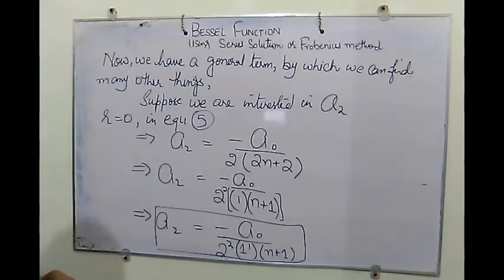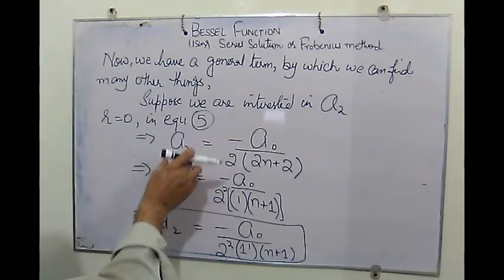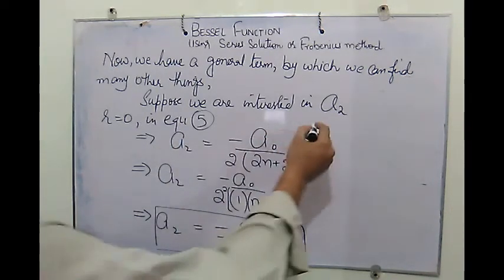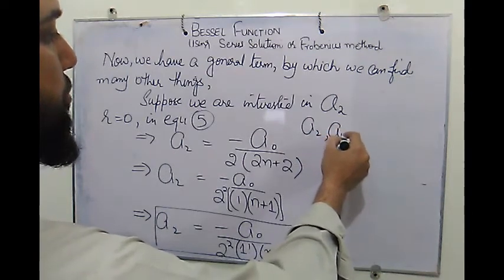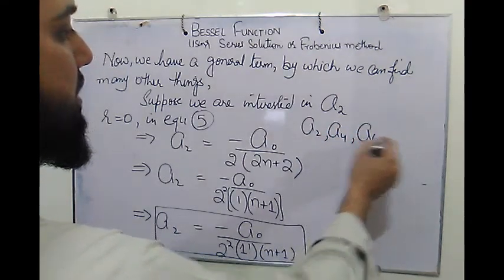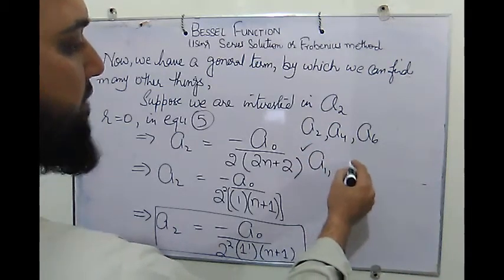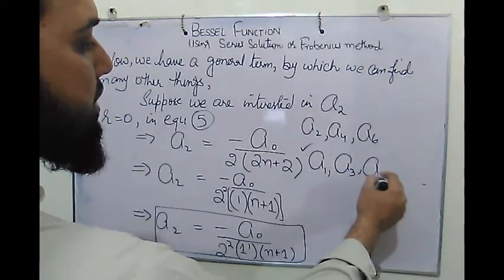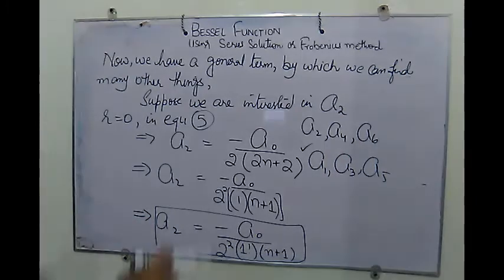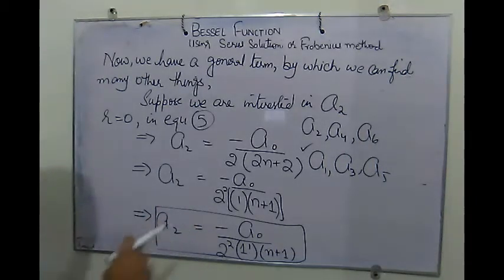Now if we want to find a4, for example, we see a2, a4, a6, then we will see, as we have found a1, how a3, a5 will come. So after a2, if we want to find a4, then we will use equation 5.